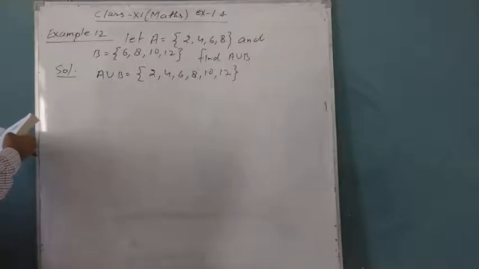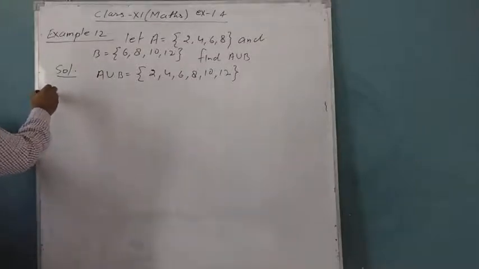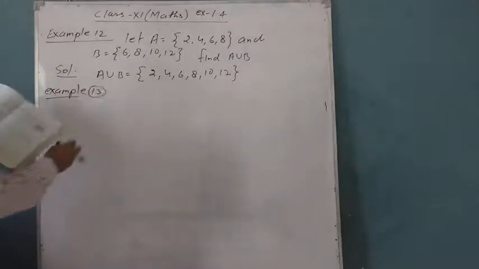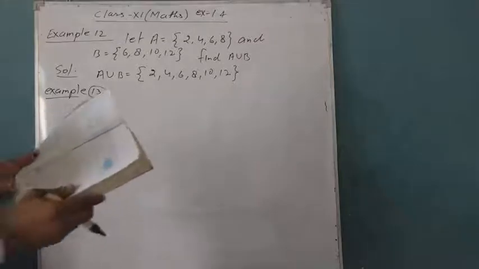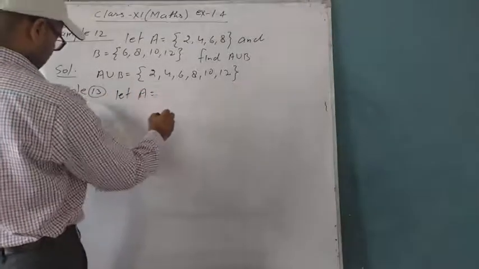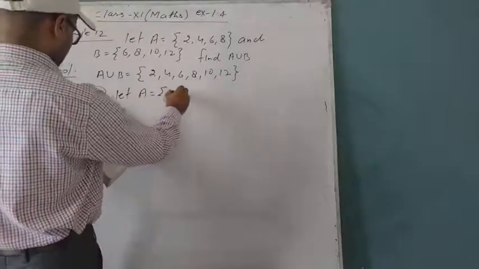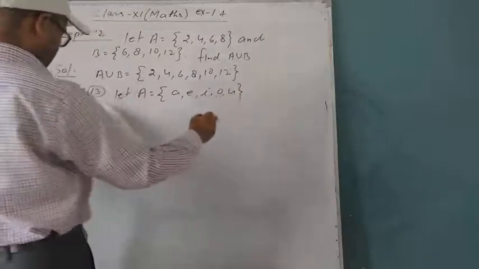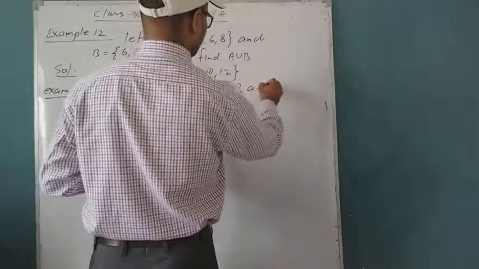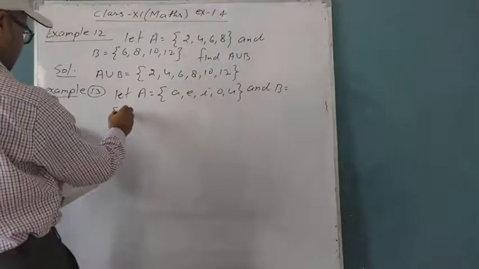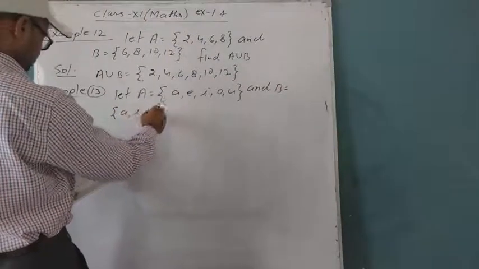Now example number 13. Let A is equal to {A, E, I, O, U} and B is equal to {A, I, U}.